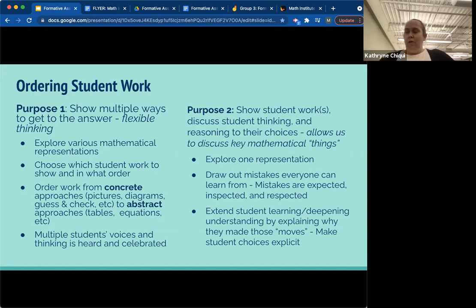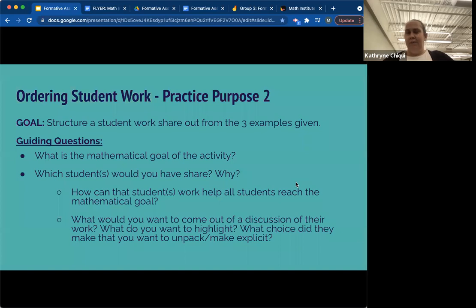So what we want you to do now is to give you some time and space to think about, as a whole group, what student you would choose to start with. Being able to show the multiple ways to solve a problem in this case didn't make a ton of sense.